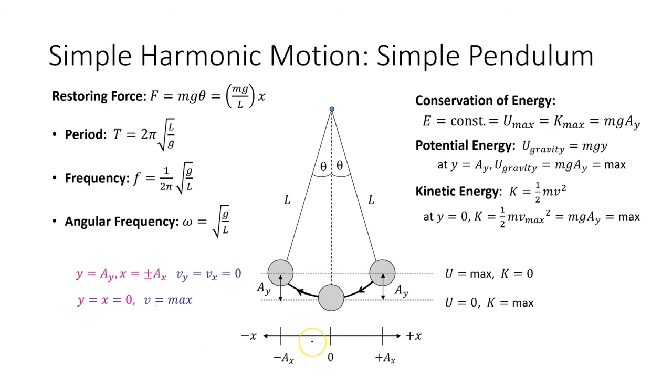So in other words, as the bob swings through that equilibrium position, we know the kinetic energy must be equal to that maximum value of potential energy, since that's equal to the total energy, right? So U is equal to 0, so K is equal to the total energy E. All right, and then of course we know that that's also equal to the potential energy at those turning points of the pendulum, so the points of maximum height in terms of the oscillation of the pendulum.